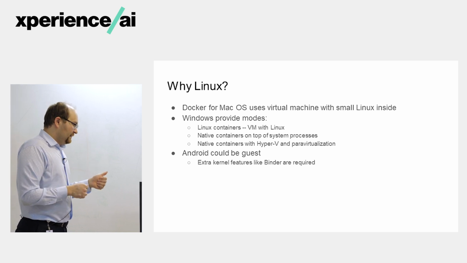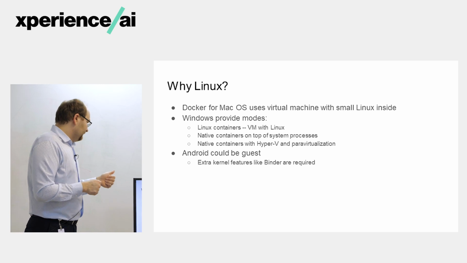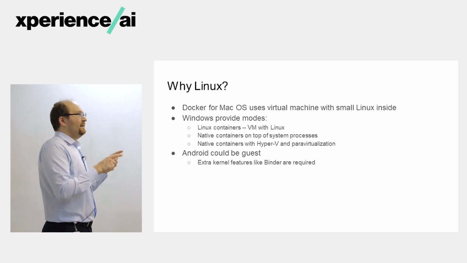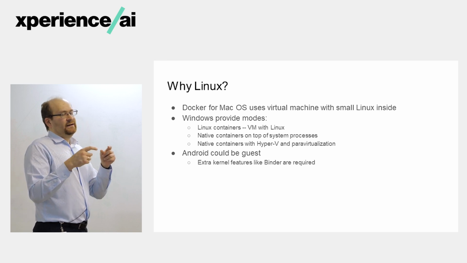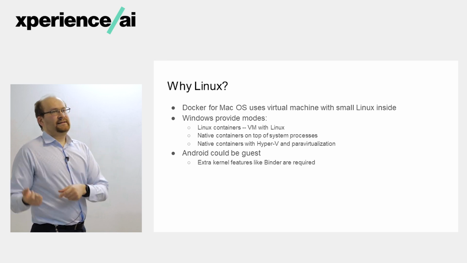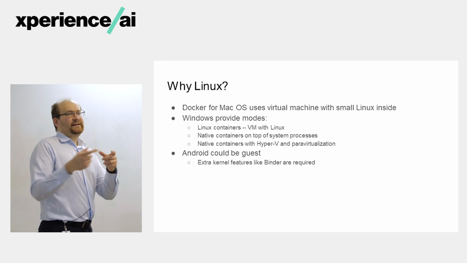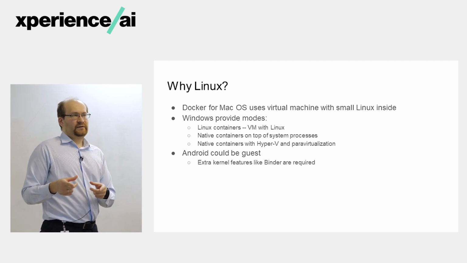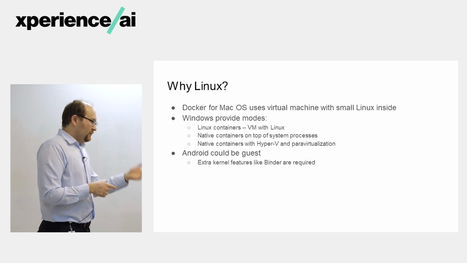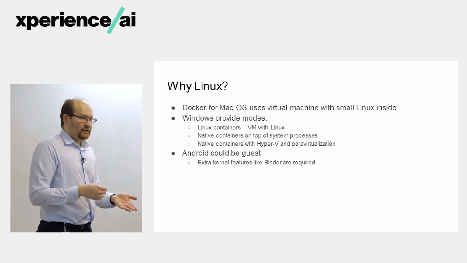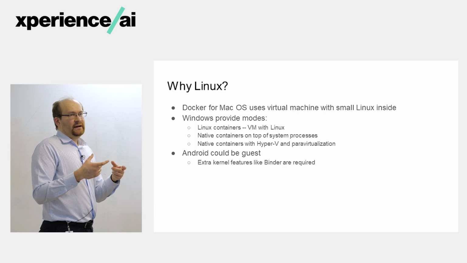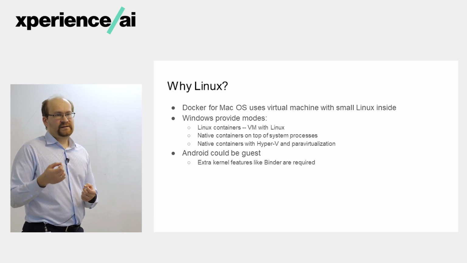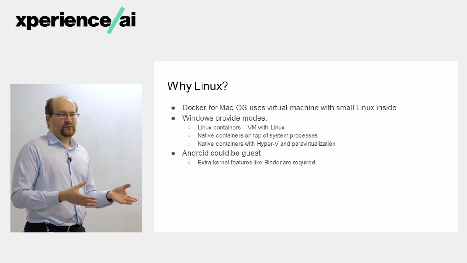The next option is to run native Windows containers in a virtual machine with Windows inside. So it looks like a container, it behaves like a container, but it's done on top of virtualization. And the third option, the most interesting actually, is to run containers as isolated processes with the same approach that is used on Linux.